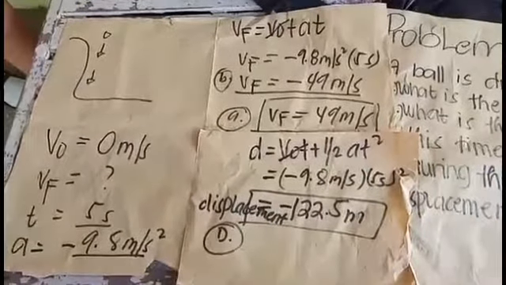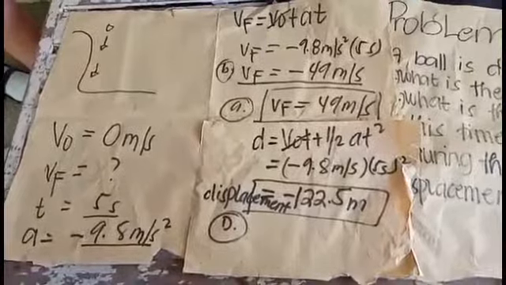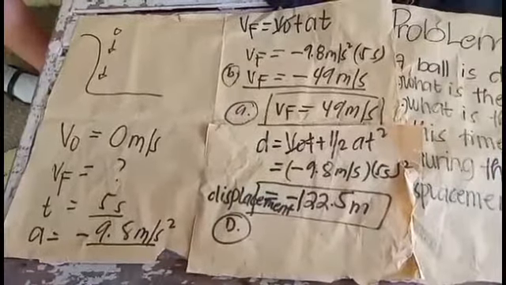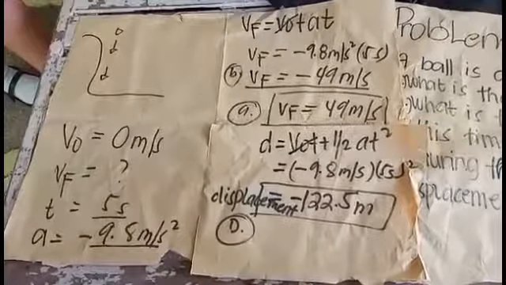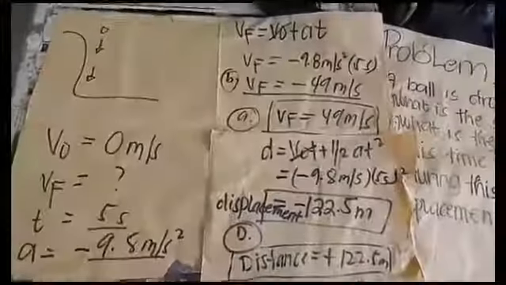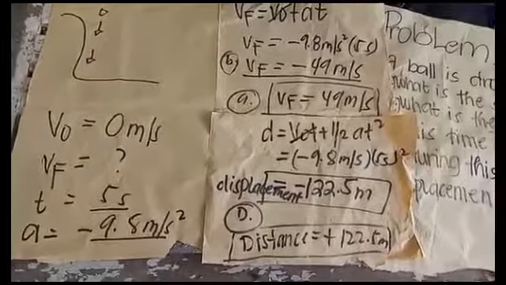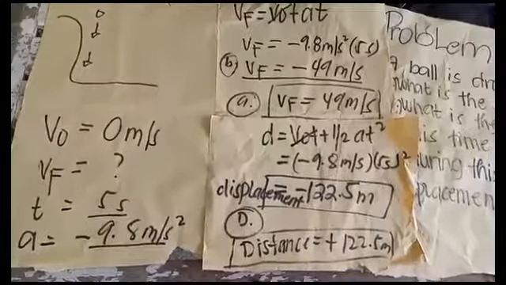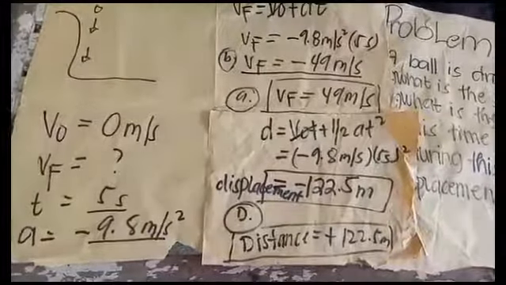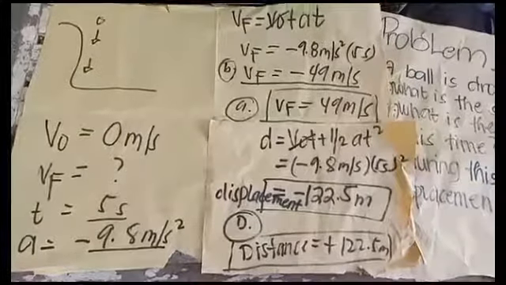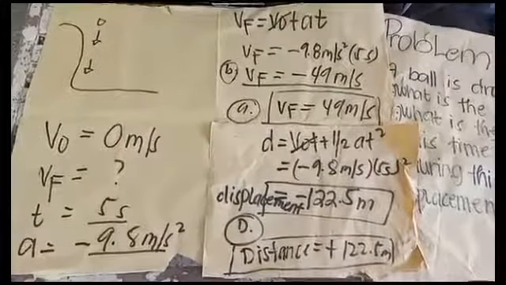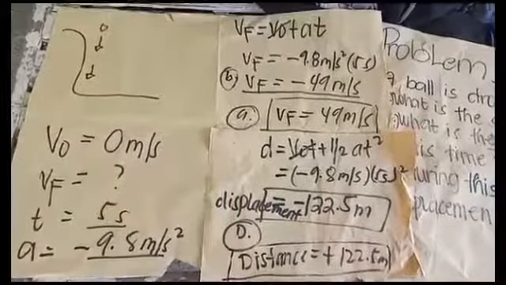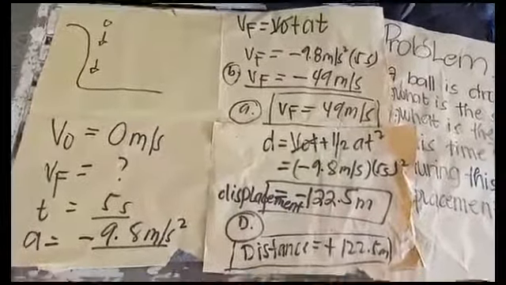Remember, displacement is a vector like velocity. It can be negative or positive because the object moves in a negative y direction, and so the displacement is negative. But the answer in part C is simply positive 122.5 meters.